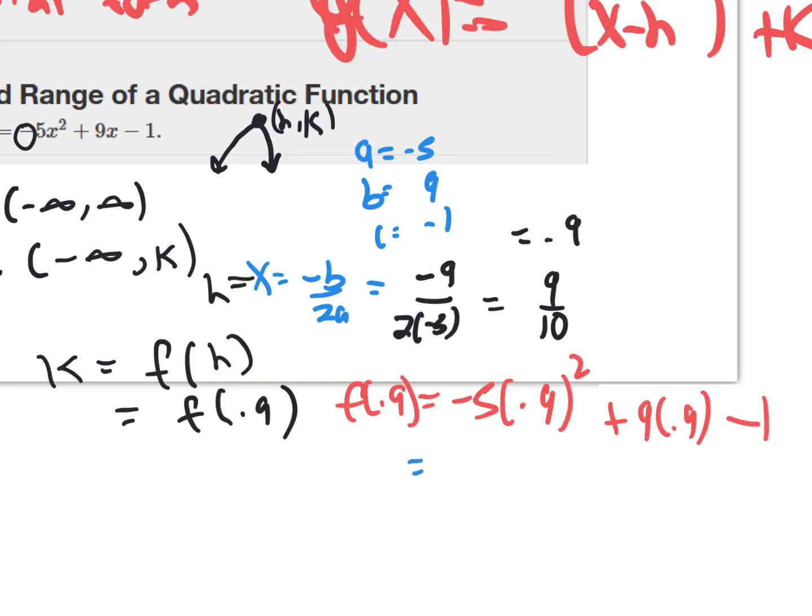So we're looking at negative 5 times 0.45 plus 9 times 9 is 81, but it has to have 1 decimal place, 8.1 minus 1.